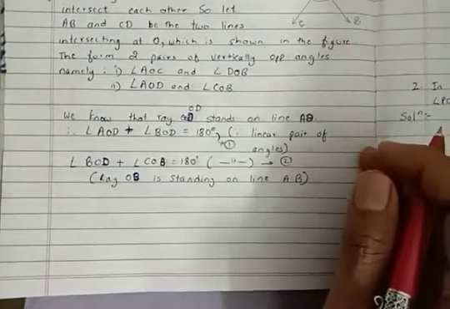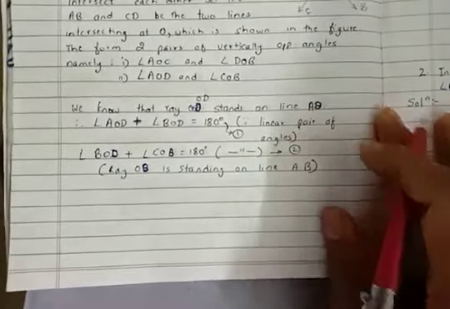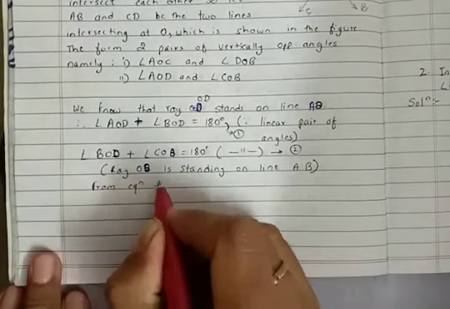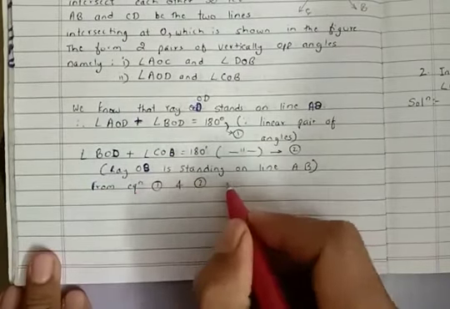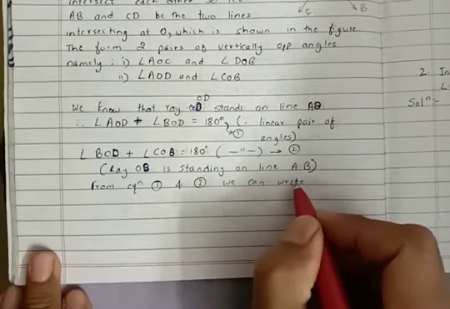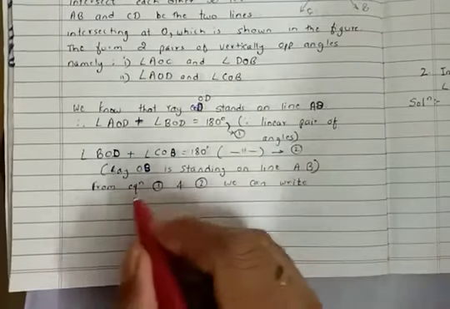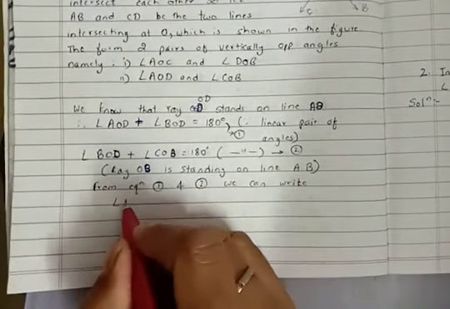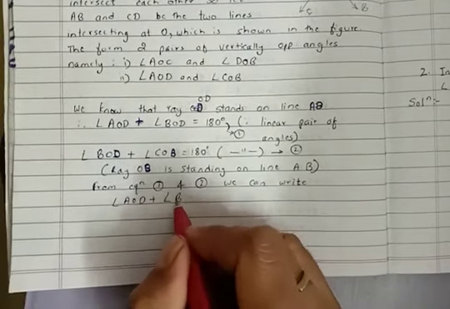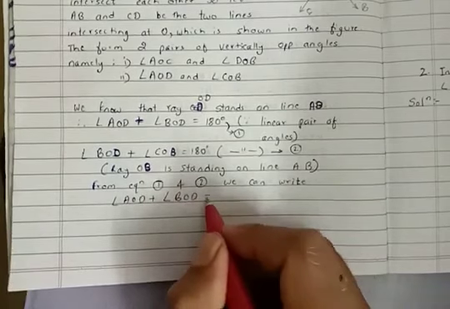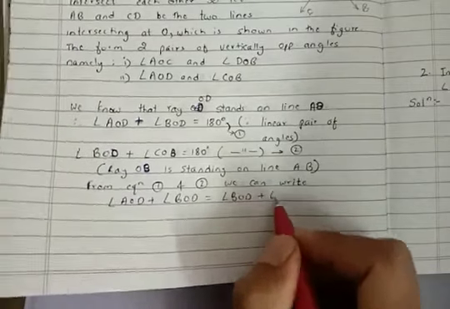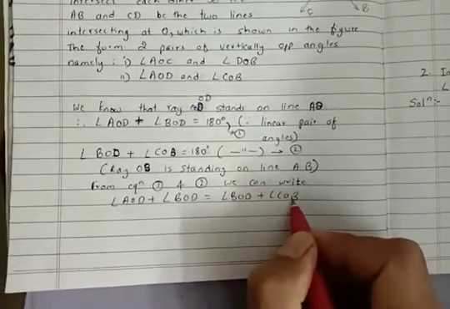Right? Now from equation 1 and 2 we can write that angle AOD plus angle BOD is equal to angle BOD plus angle COB.